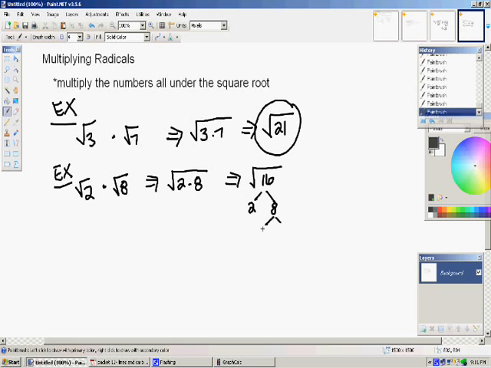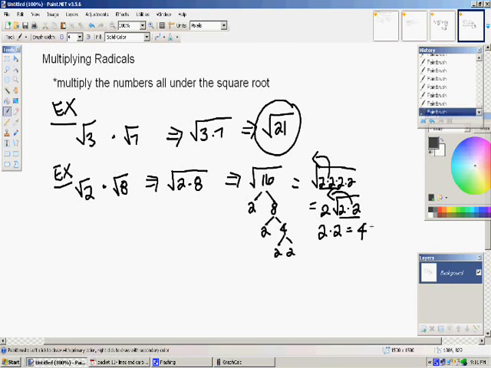And it's actually broken down into 2 and 8. 8 can be broken down further into 2 and 4. And 4 can be broken down even further into 2 and 2. And so this all becomes 2 times 2 times 2 times 2. These pair of 2's have a twin, or are twins, so you can take them outside the house. And these twins can be taken outside too, so then you get 2 times 2, which is equal to 4. And that's your answer.